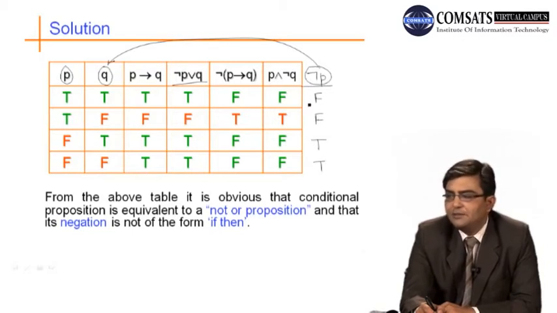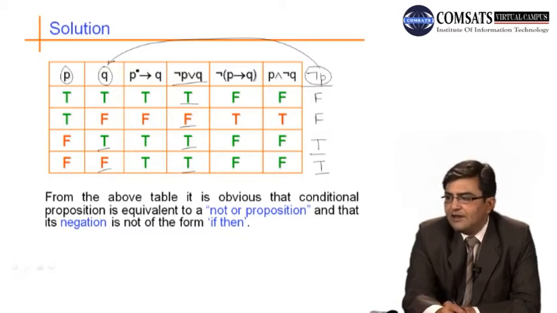Here Q is true, not P is false, therefore here we have true. Again we have false, false, so the truth value of not P or Q is false. Next we have true here and true here, so the truth value will be true. Next we have false here and true here, so the truth value will be true.